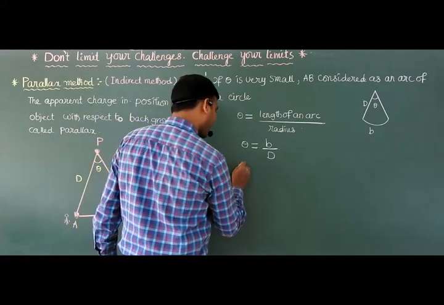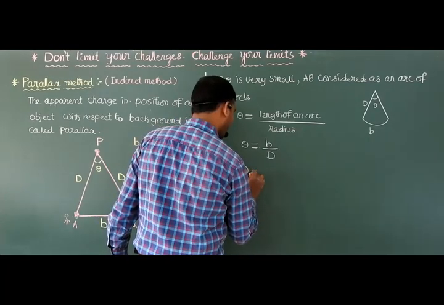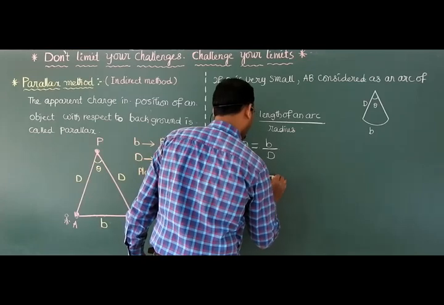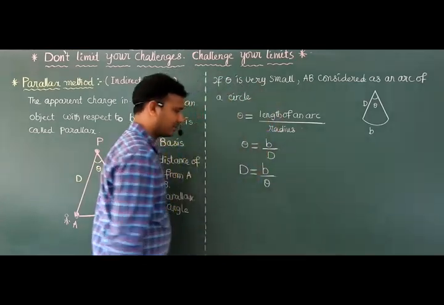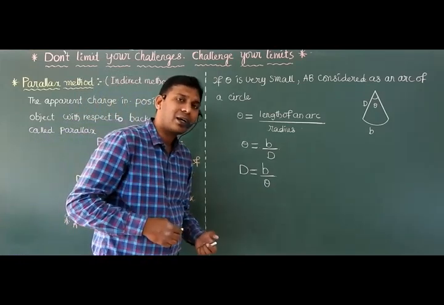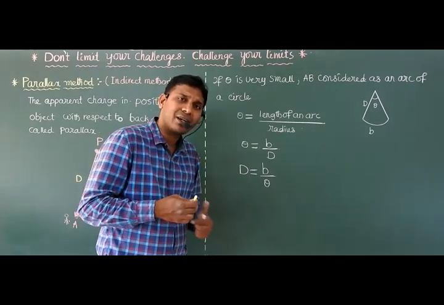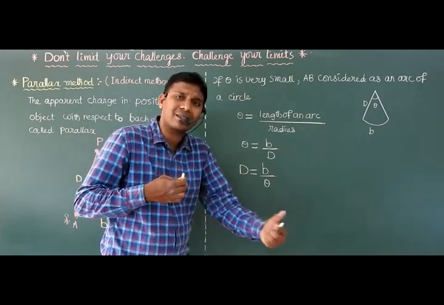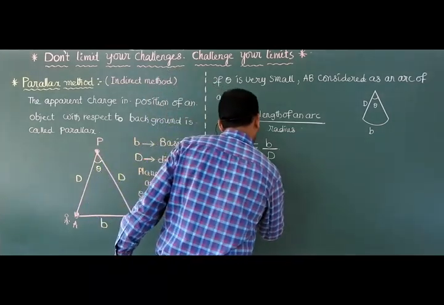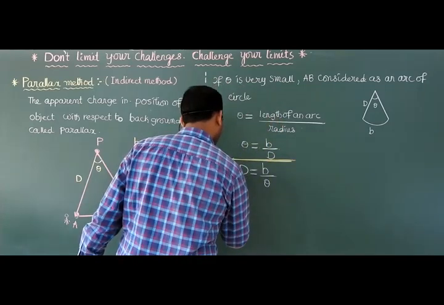We want D only. Then D is equal to B upon theta. So this is the way to find the average distance between Earth and planet, Earth and Sun by using the parallax method. So please put this formula inside a box.